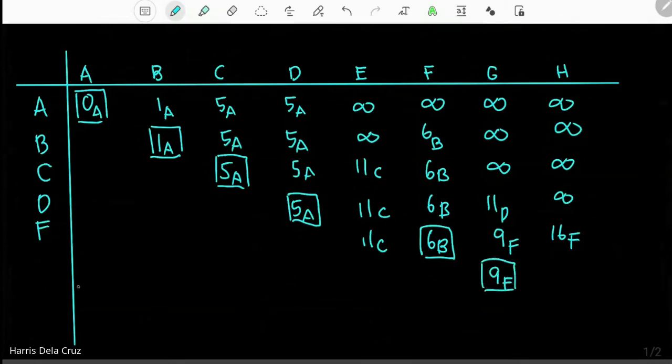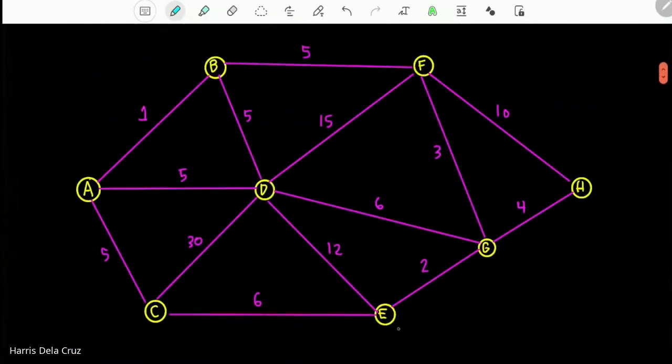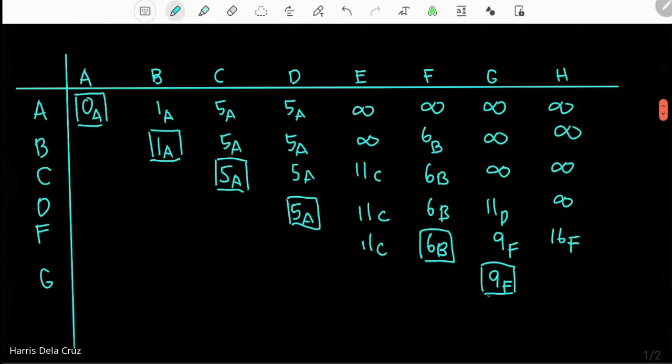So we are now going to visit G. And then we look at the vertex G. From G, we can reach E plus 2 or H plus 4. So for E it is plus 2. So the temporary label of E is 9 plus 2, 11. But that is also the same as the current temporary label of E. So there's no need to replace that.